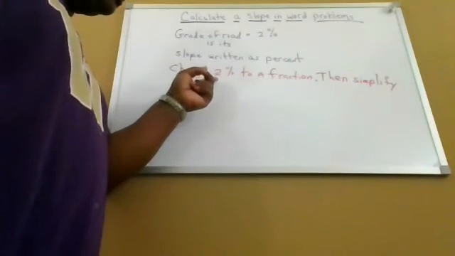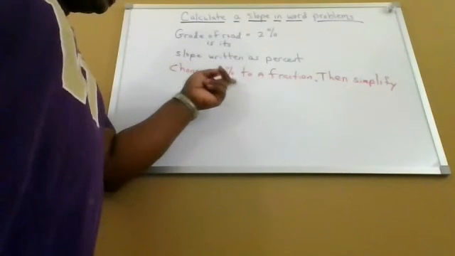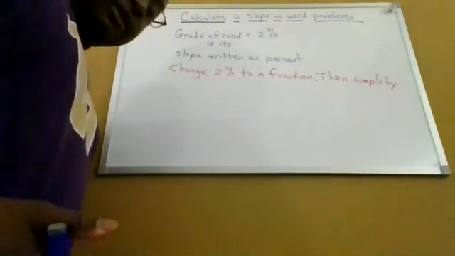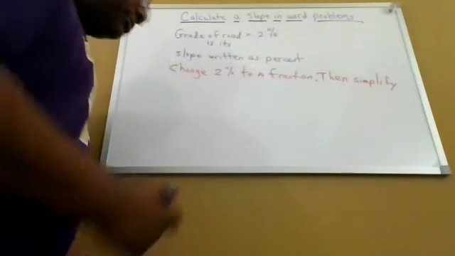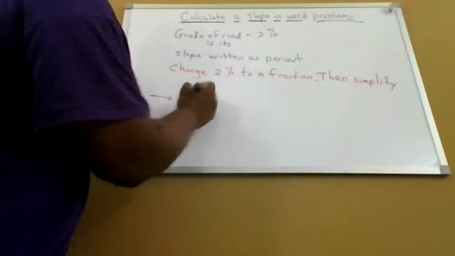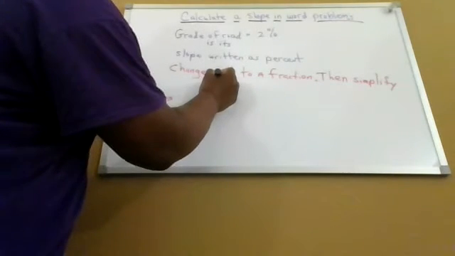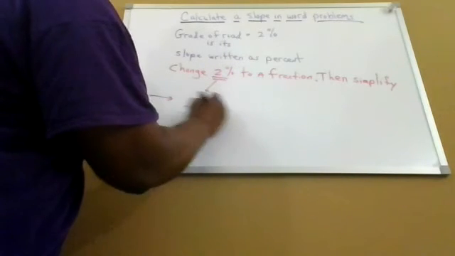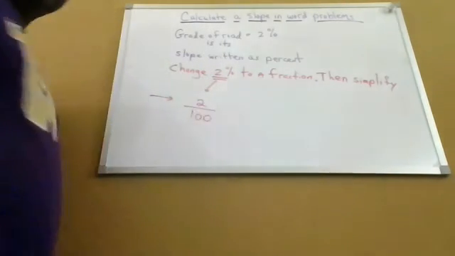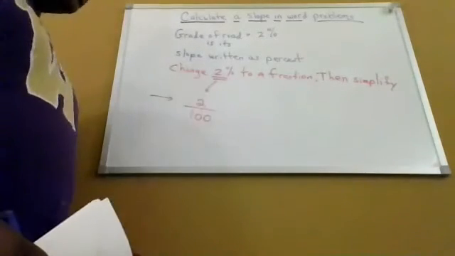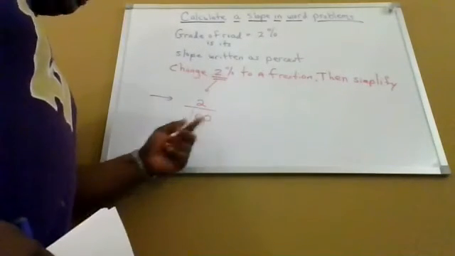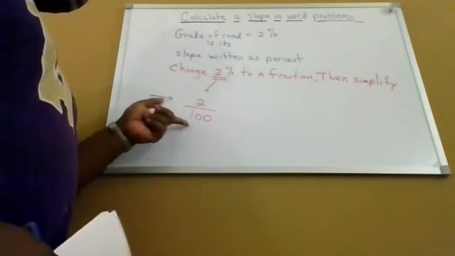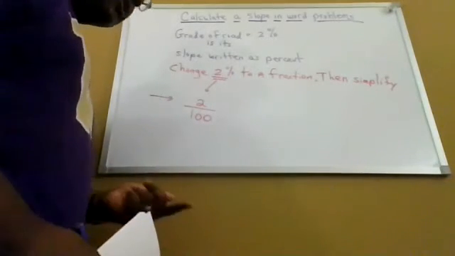By definition, some percent means that number is going to be our numerator and 100 is our denominator. So 2% as a fraction is 2 over 100. Their greatest common factor, meaning 2 and 100, the greatest common factor is 2.